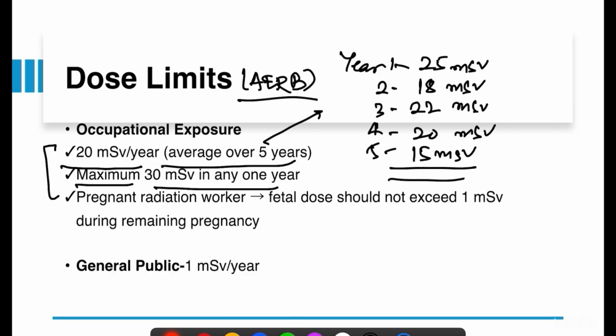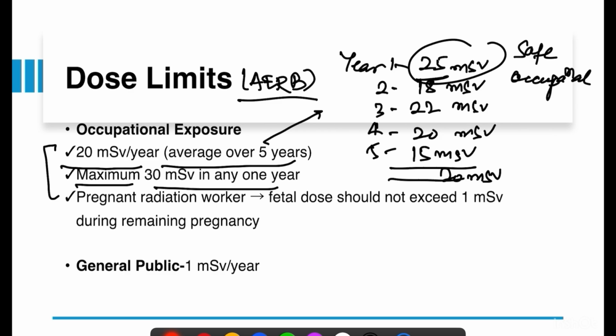So if we take the average of these 5 years, adding up and dividing by 5, it will come around 20 millisievert. So it is average over 5 years, and in any particular year it is not exceeding 30 millisievert, so it is under the safe occupational limit. For the general public, it is 1 millisievert per year.